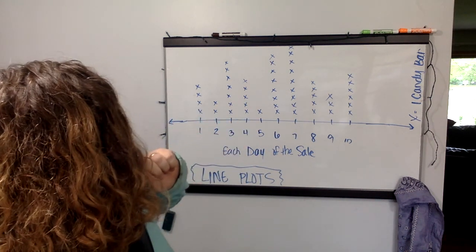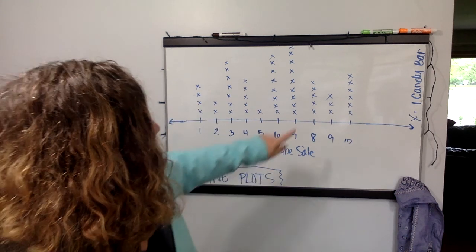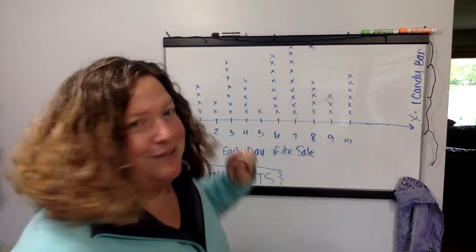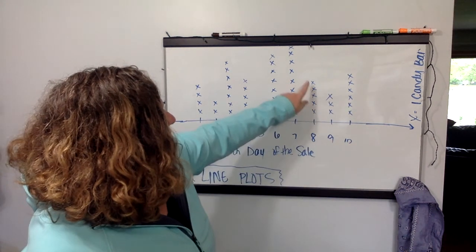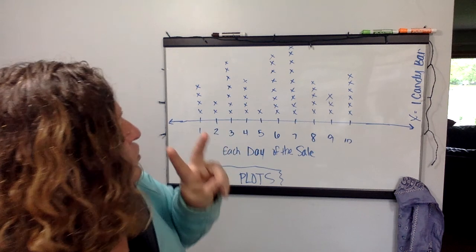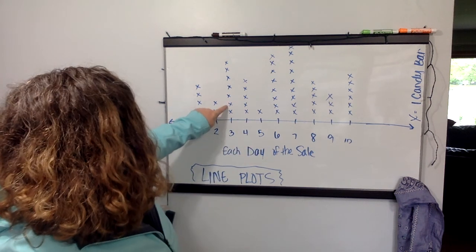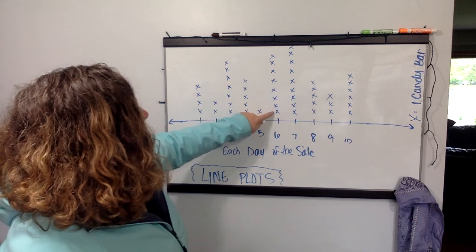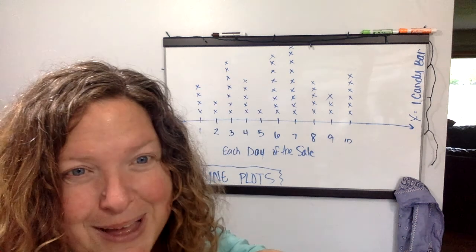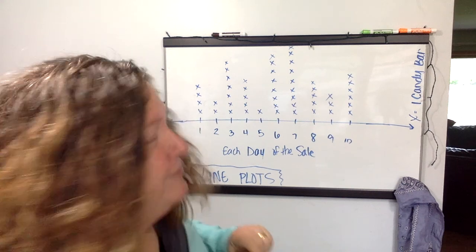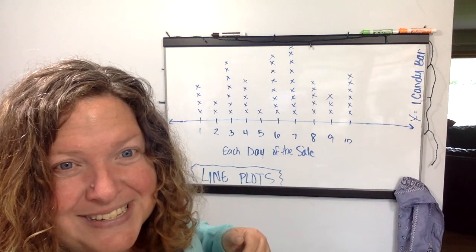Let's see. 1, 2, 3, 4, 5. So the mode in this case is 5 because there's 2 5s. 1, 2, 3, 4, 5, 6, 7, 8. Nope, that's not it. So there's 2 5s. So the mode is 5 because 5 occurs twice and every other number only occurs once.